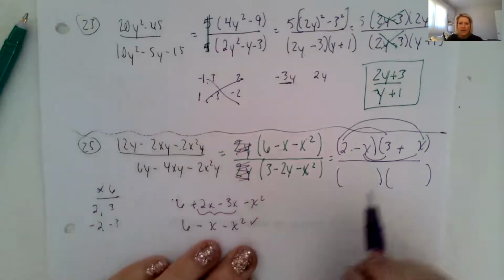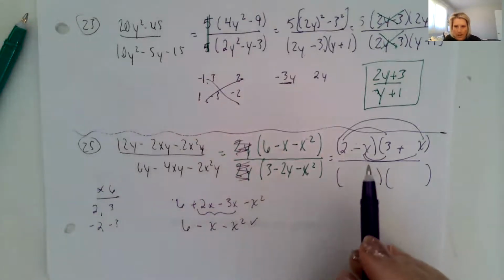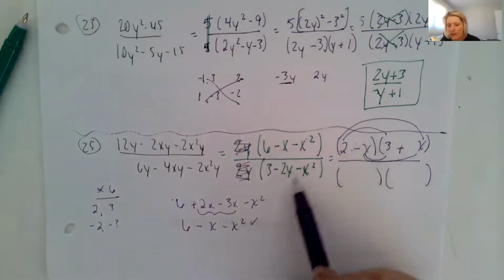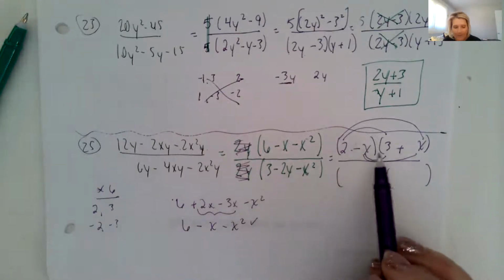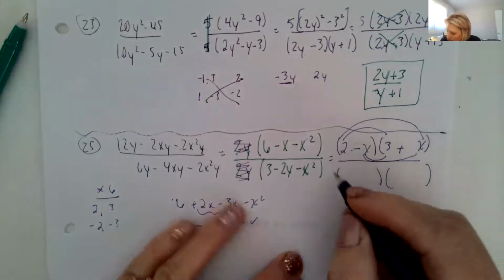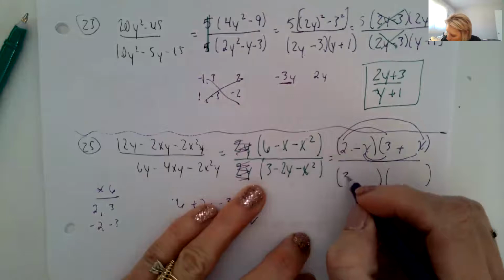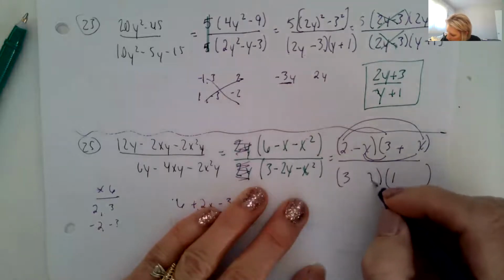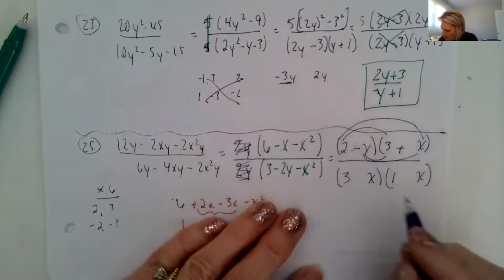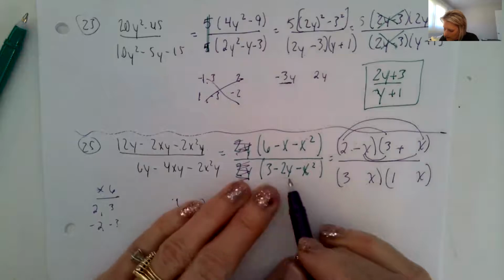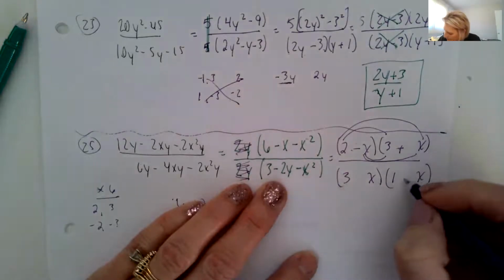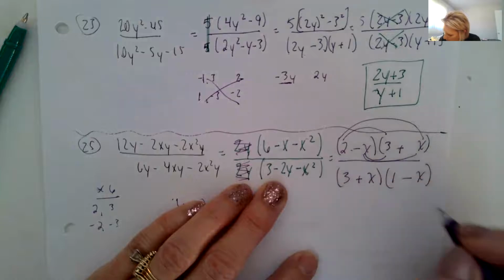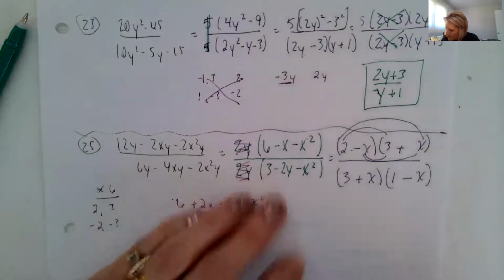Now the denominator is going to be something similar, and ideally it will factor into something that's in common with the numerator, so that helps us out there. So 3 can only be factored into 3 times 1, and then we've got our x and x again, and we need a negative 2x in the middle, so we need the 3 to become negative.